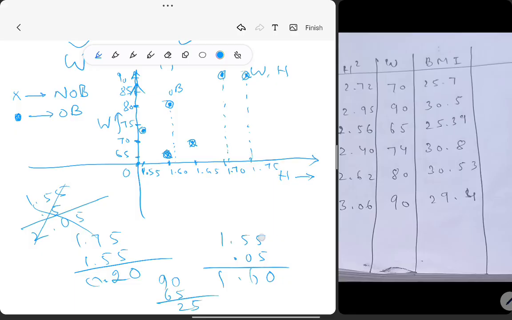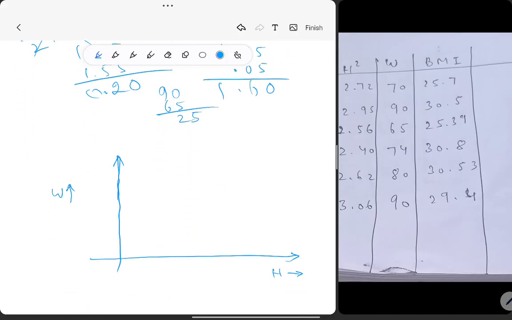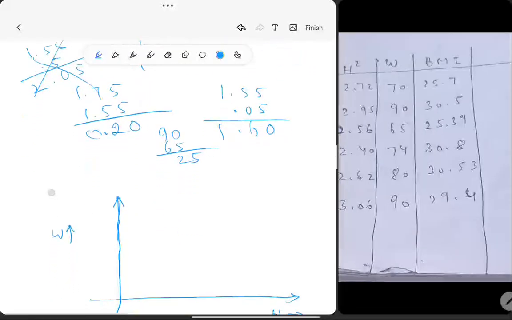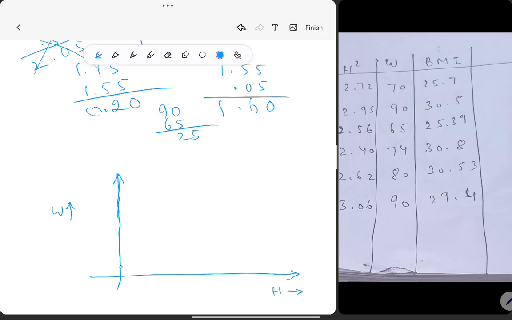We will show the weights from 65 onwards: 65, then 70, 75, 80, 85, and then 90. Okay, these are the weights.